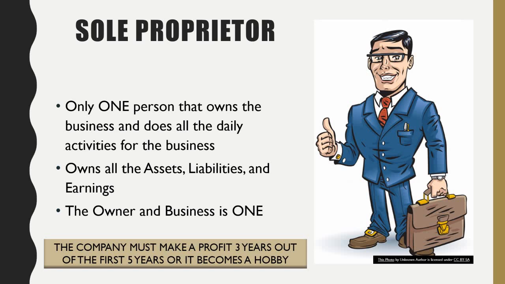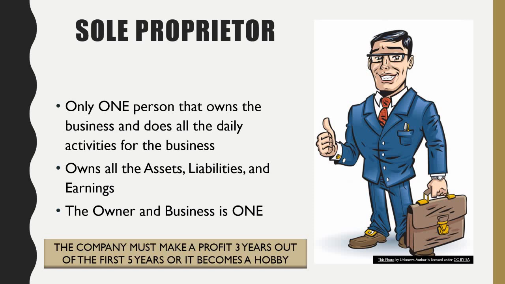Now, the IRS is also going to be aware of your kind of business, especially because the ultimate goal is to make a profit. Anybody could say, I can make a business for tax purposes. No, it is not that easy.